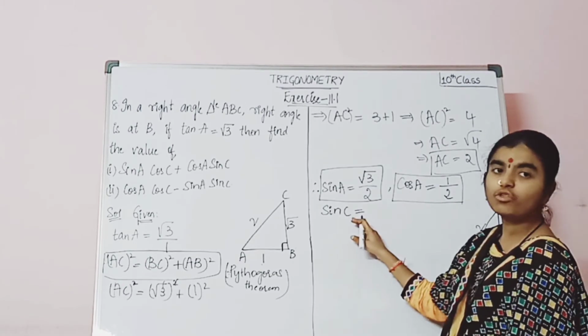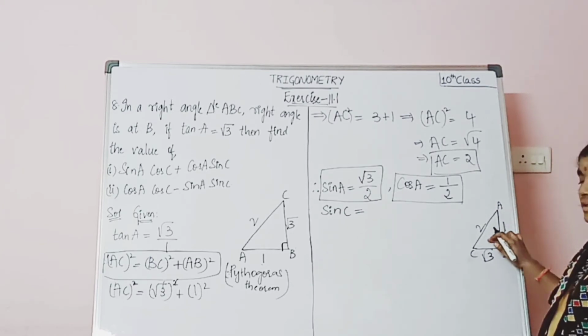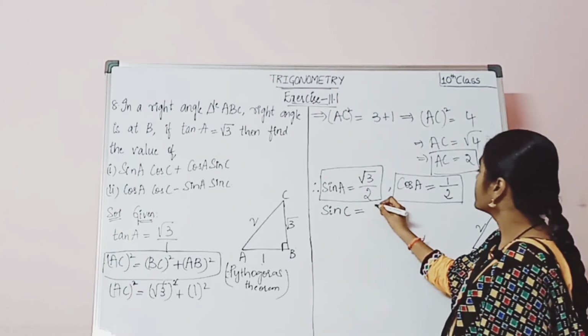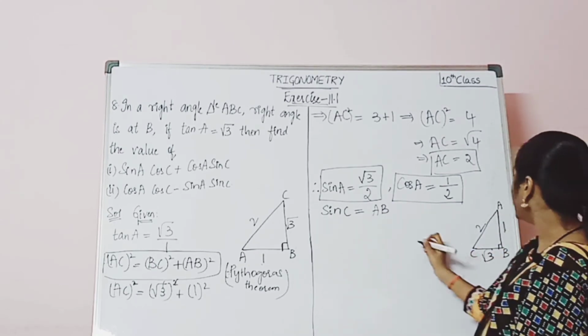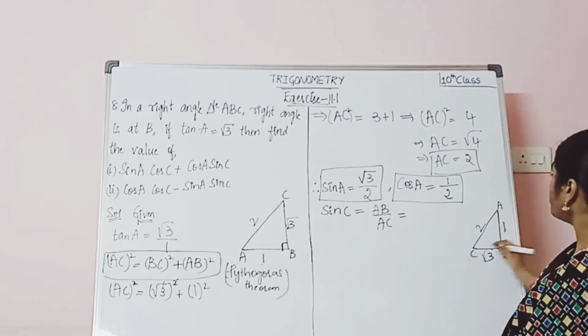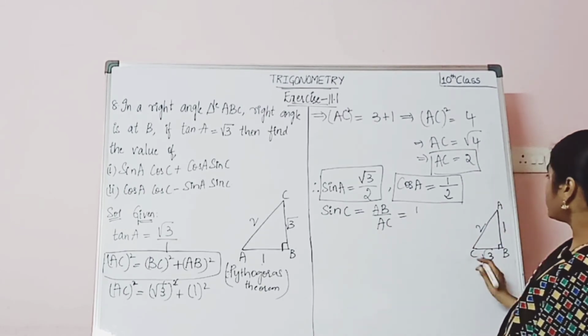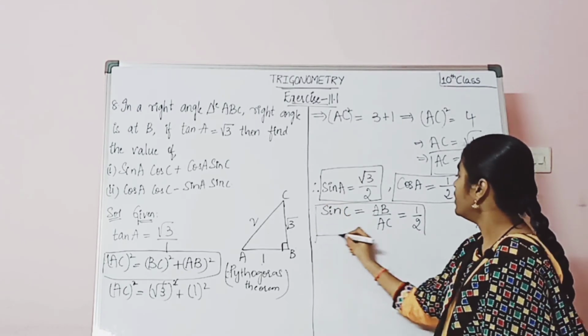So here sin C means opposite side by hypotenuse. What is opposite side here? Now this AB becomes opposite side. AB by hypotenuse AC. So sin C equals, what is AB here? 1. AC, what is the hypotenuse? 2. So sin C equals 1 by 2.